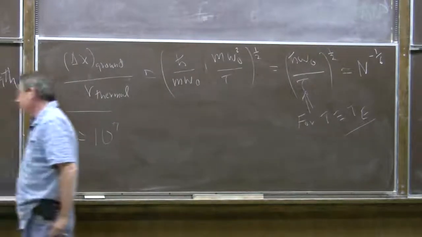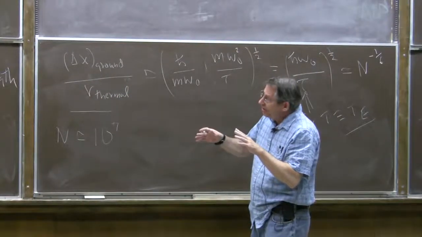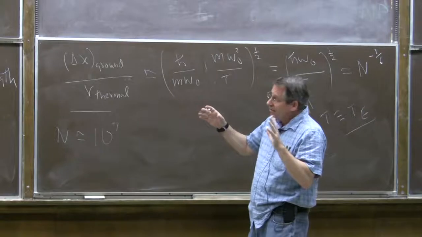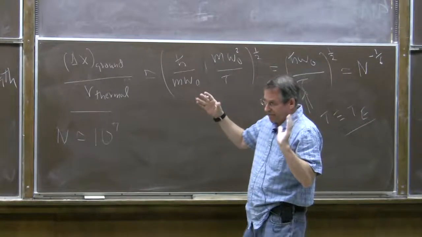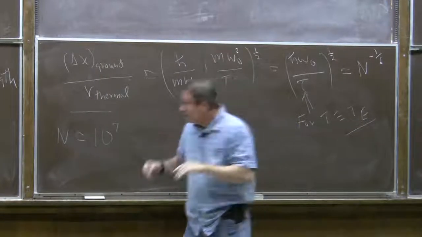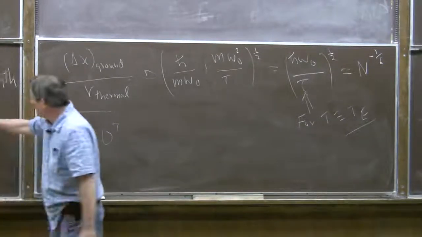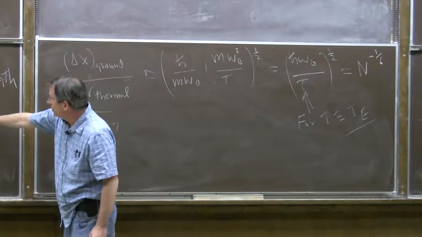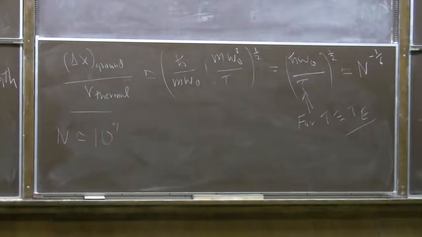And you see a picture like that. Another thing you can do is you can turn off the trap. Suddenly the harmonic well is gone. There's nothing holding the atoms in the bottom of the well. They still have some kinetic energy, either because there's some momentum distribution in the ground state orbital, in the case of the condensate, or thermal energy for the rest of the gas, and so it starts to spread out.